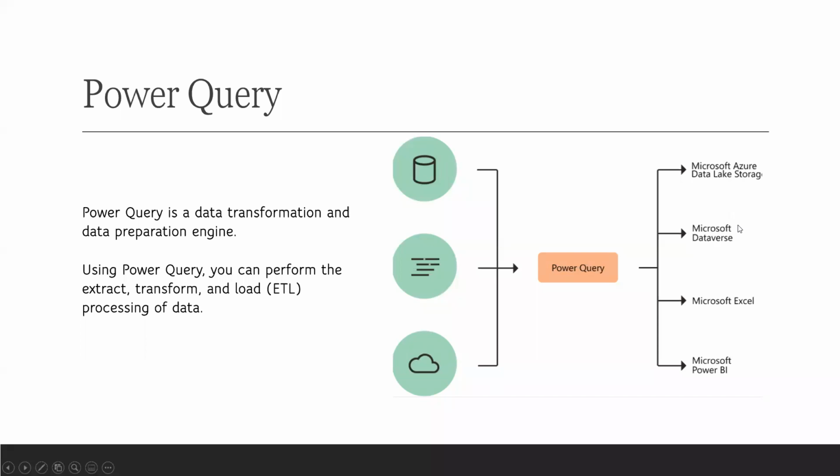Microsoft Dataverse is another database from Microsoft CRM, and you can store tons and tons of data in it. You can also store the data in Microsoft Excel if it's a small data set. And you can also store the data in Microsoft Power BI as a data repository.